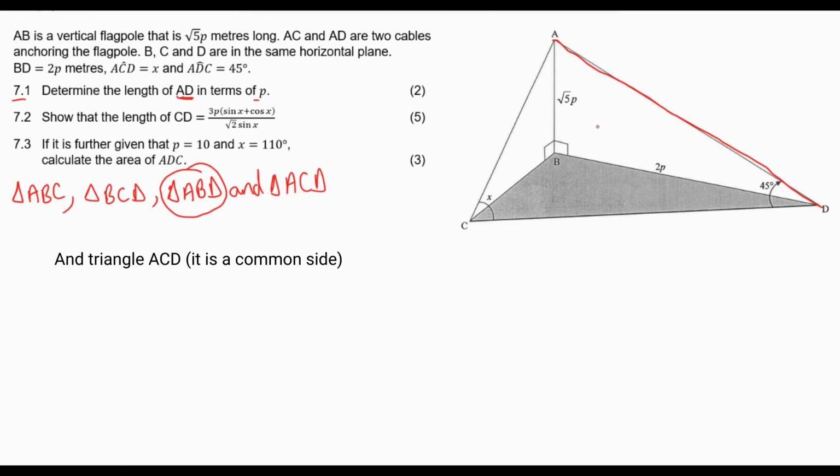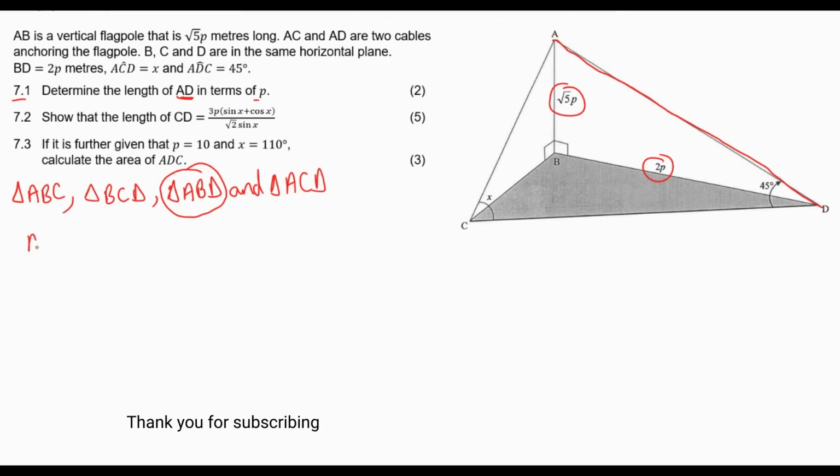This is a right angle triangle. We have two sides, so we can use the Pythagoras theorem to find AD. The hypotenuse is AD, so AD squared is equal to AB squared plus BD squared. Then there is Pythagoras.